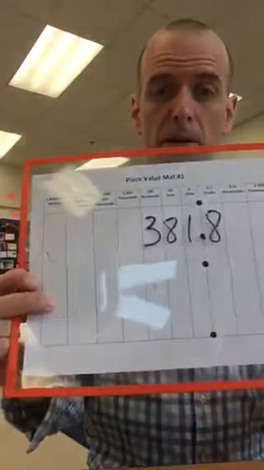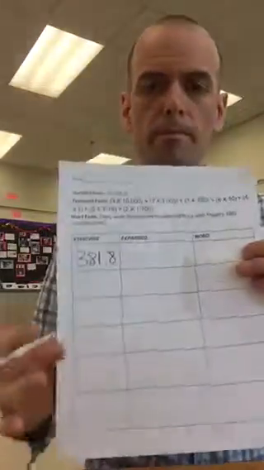Then you go to this sheet and you fill in the different forms. So standard form is pretty much already done for us on our place value chart, isn't it? So standard form I just write is 381.8. Boom.